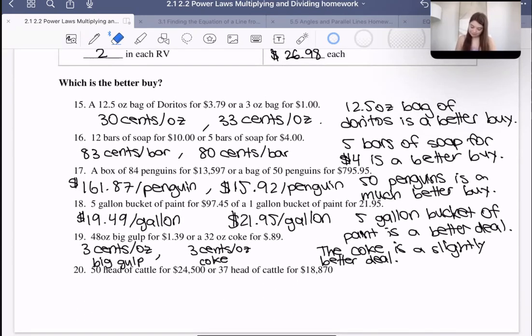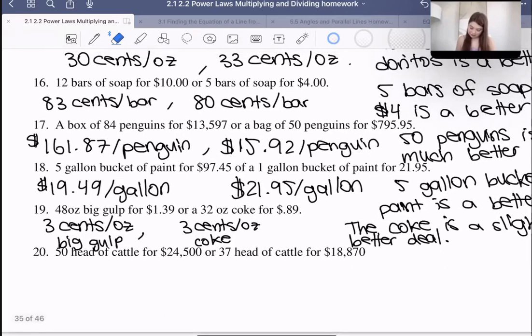Okay, last but not least, we have 50 head of cattle for $24,500 or 37 head of cattle for $18,870. Okay, so $24,500 divided by 50 is going to give us $490 per head.